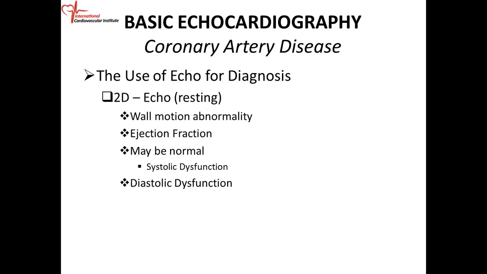And we use that when we're doing stress tests. So at rest, everything moves well. But once you exercise the patient and the heart muscle now demands more blood flow and you can't deliver, then it becomes either hypokinetic, akinetic, or dyskinetic.